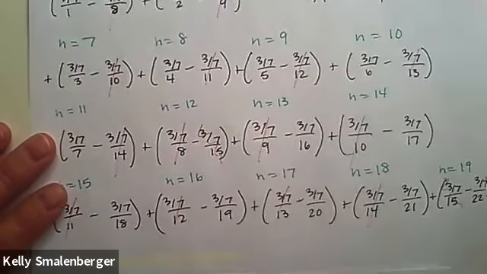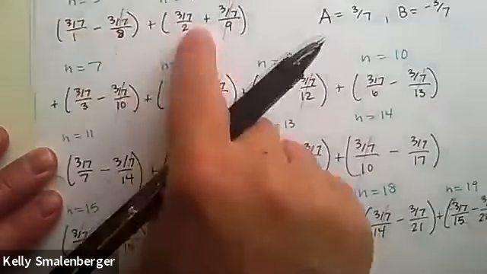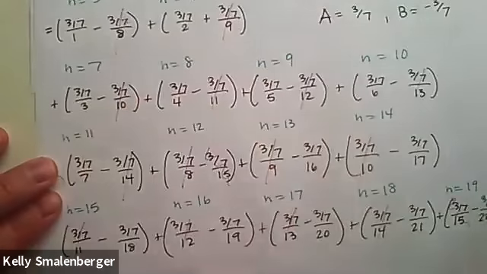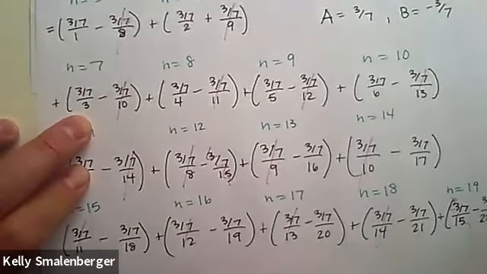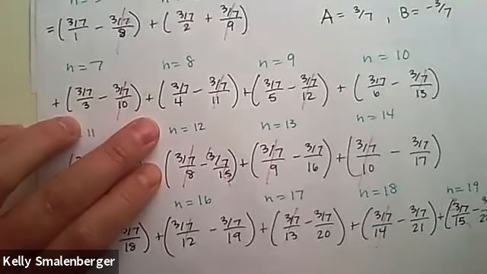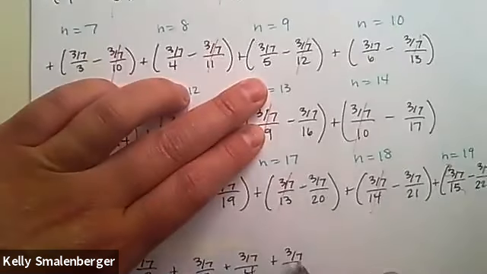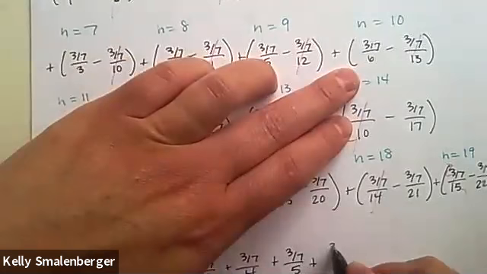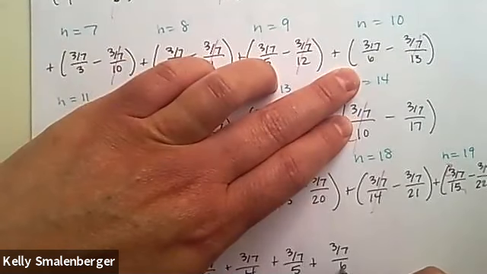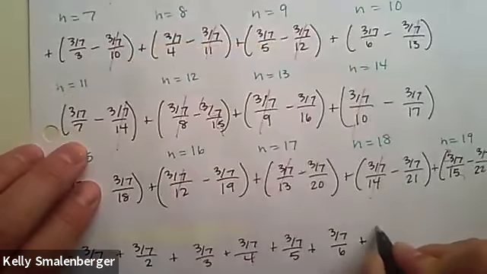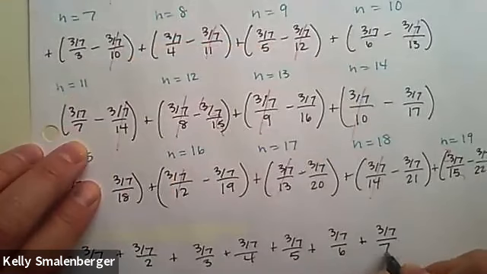So now let me summarize, rewrite what I have, right? So this equals 3 over 7 over 1 plus 3 over 7 over 2 plus 3 over 7 over 3 plus 3 over 7 over 4 plus 3 over 7 over 5 plus 3 over 7 over 6 plus 3 over 7 over 7.